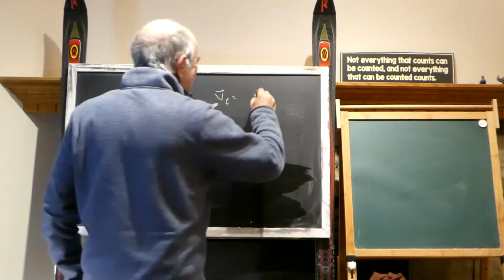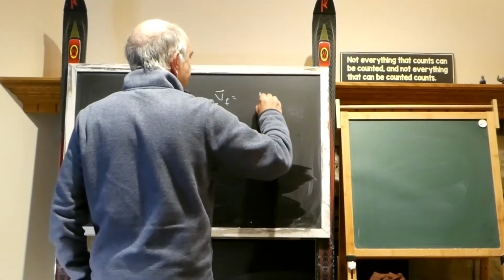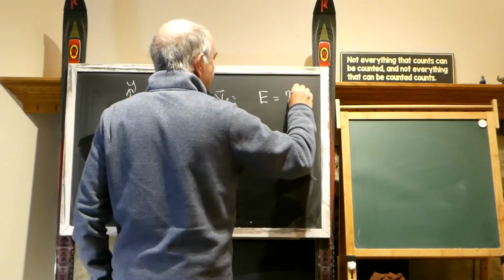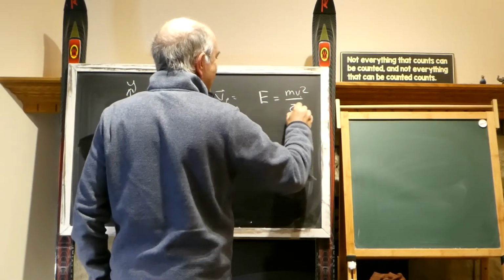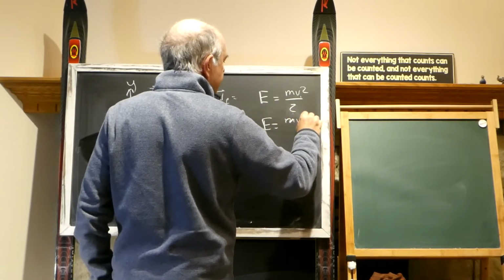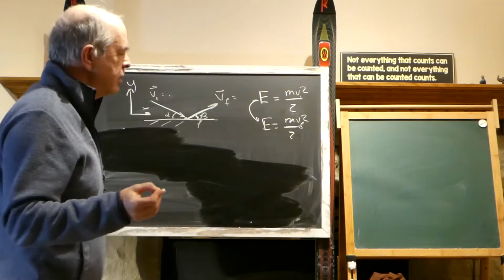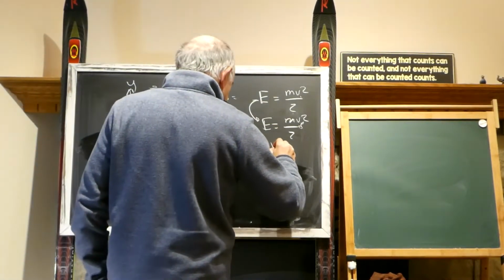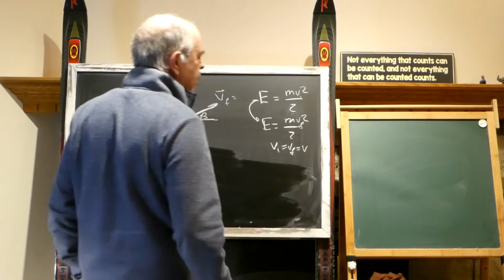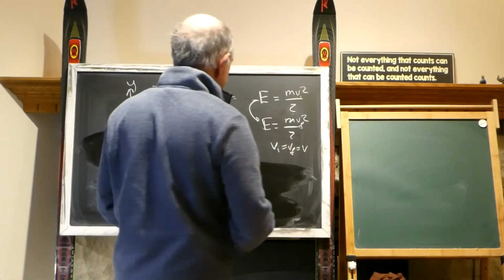And I can say it because, jumping a little ahead, the kinetic energy before the collision is m v initial squared over 2, and the energy after is m v final squared over 2. And those two are the same because there is no loss of energy. That means v initial equals v final equals v. There is no other way around.